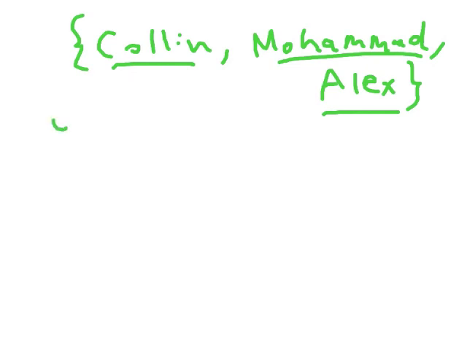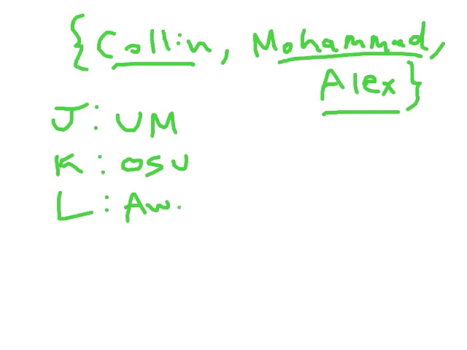Using our previous sets of J, K, and L, we can find a person who at one point attended the Ohio State University who is not awesome. In this case, it's Terrell Pryor.